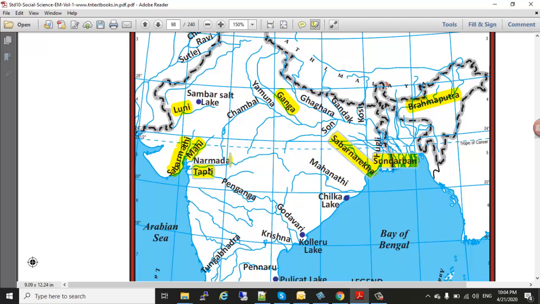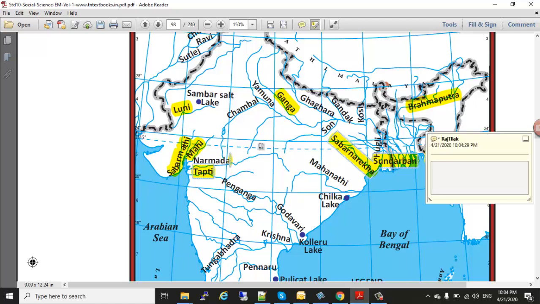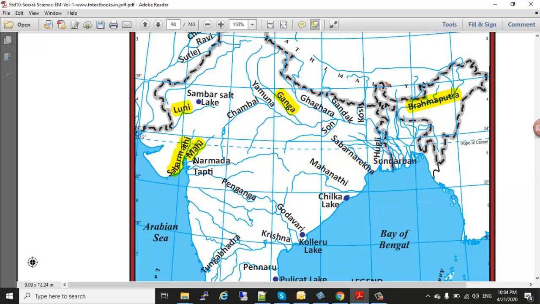It's not highlighting, children. Okay, just leave it. Narmada, Tapti. Yes. Sabarmati, Mahi, Narmada, Tapti. These are the four.